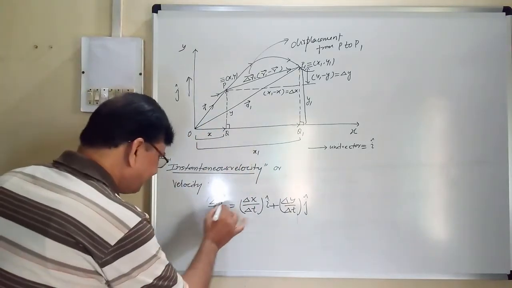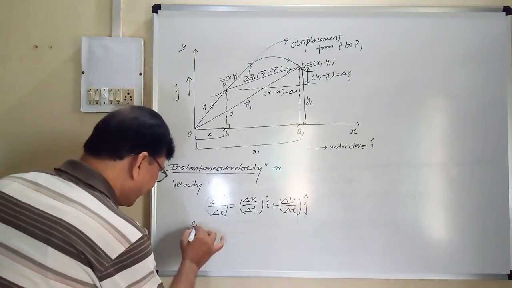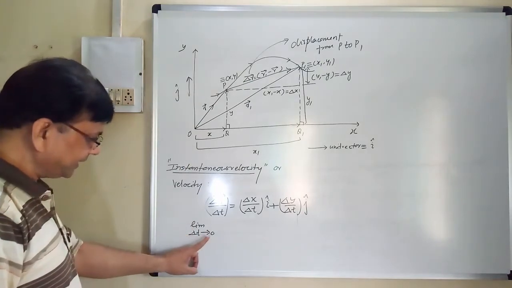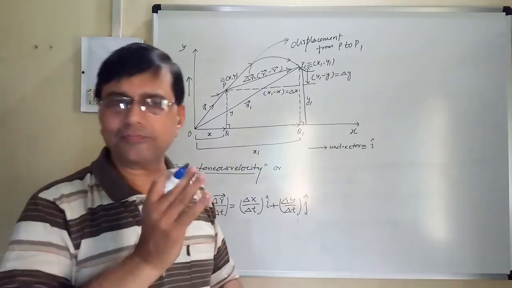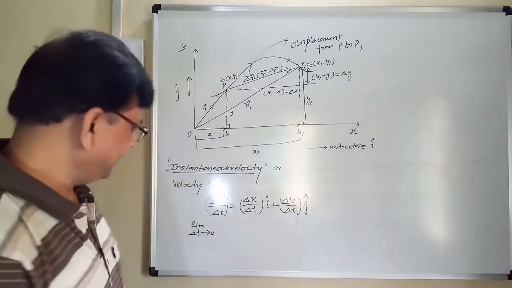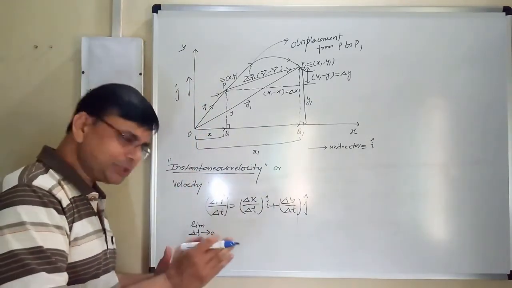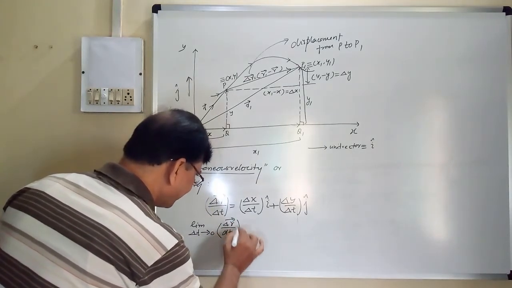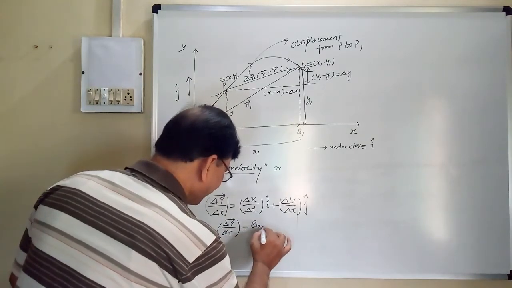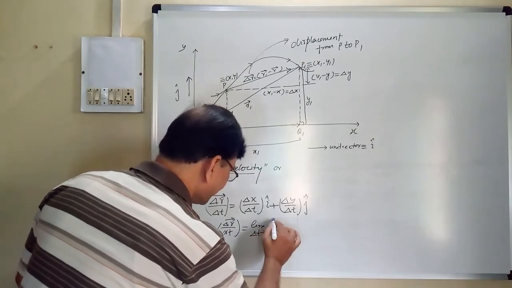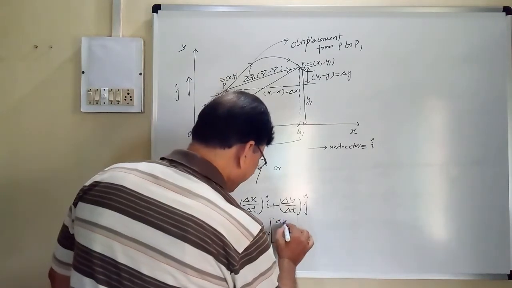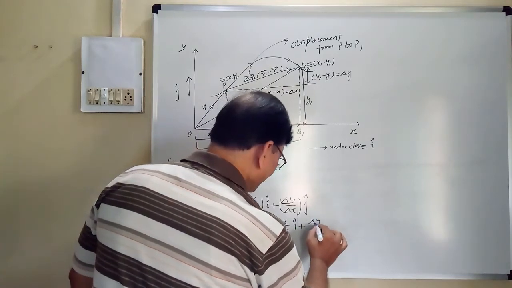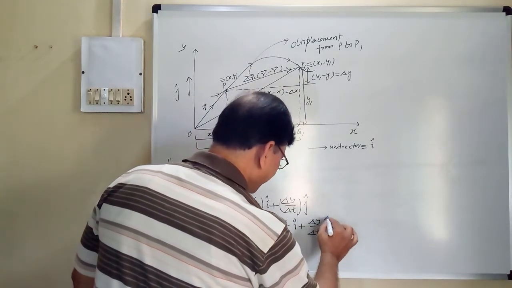So if delta t is approaching 0, we write limit delta t tends to 0. In the terminology of calculus, the part of mathematics, limit delta t approaches 0 of delta r upon delta t, and on the right side also limit delta t approaches 0 of delta x upon delta t i plus delta y upon delta t j.